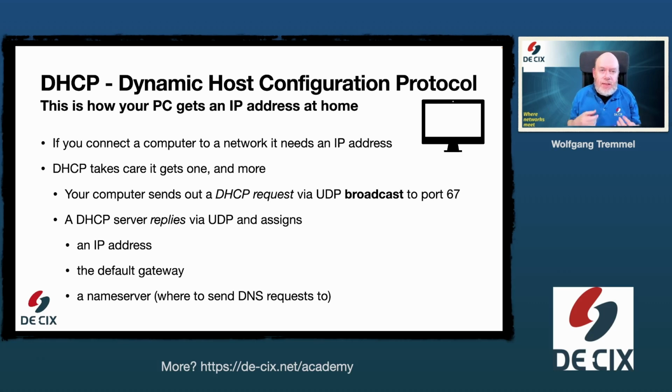Broadcast means you set a destination IP address of 4 times 255, and one system on that local network says, okay, I'm responsible for distributing IP addresses. It receives this UDP packet and sends back a UDP packet and tells you which IP address you can use and some more information about getting you up and running on an IPv4 network.